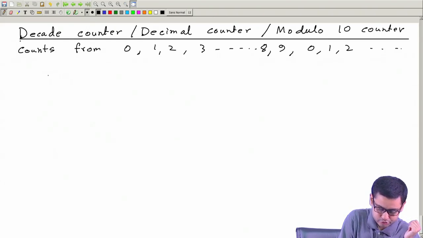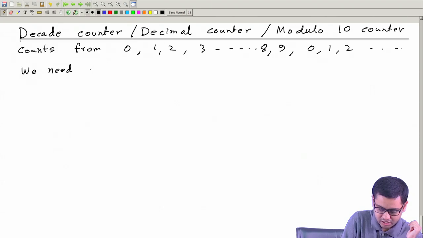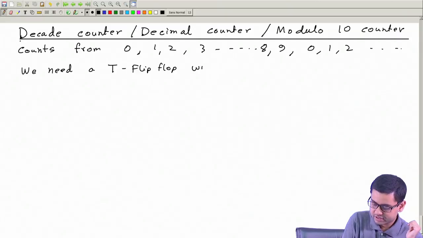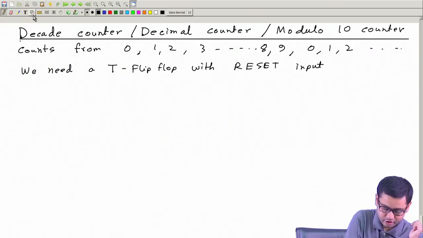But for that we will need a T flip-flop with a reset input. So what is this? This is a T flip-flop.